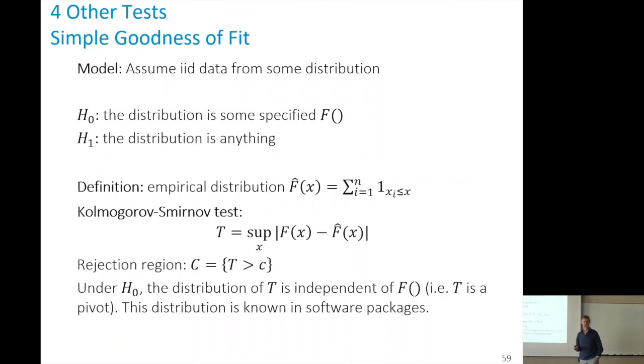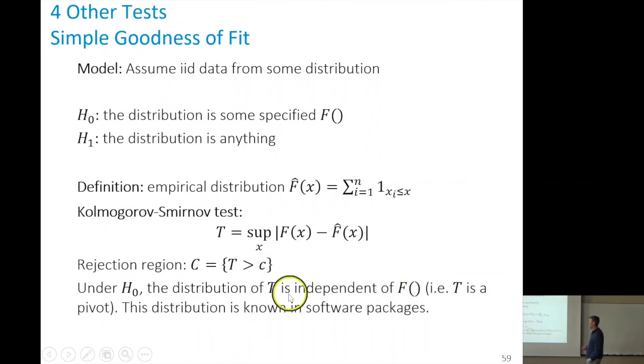That's a trick we've used several times. We use it for sampling, for example. So here it's the same thing. If I apply F not to X itself, but if I apply the empirical histogram here, I will have something that has a distribution that's independent of F itself.